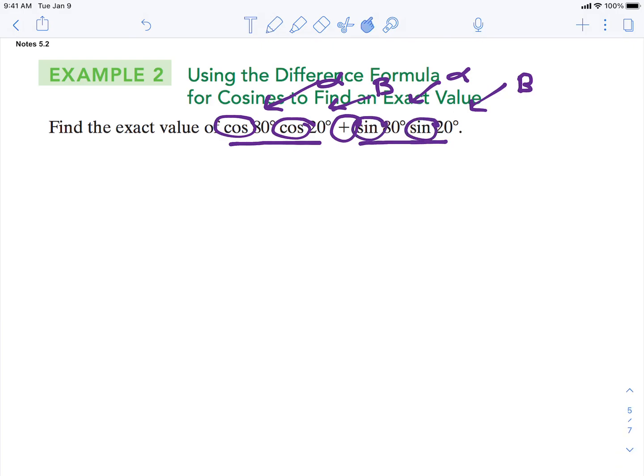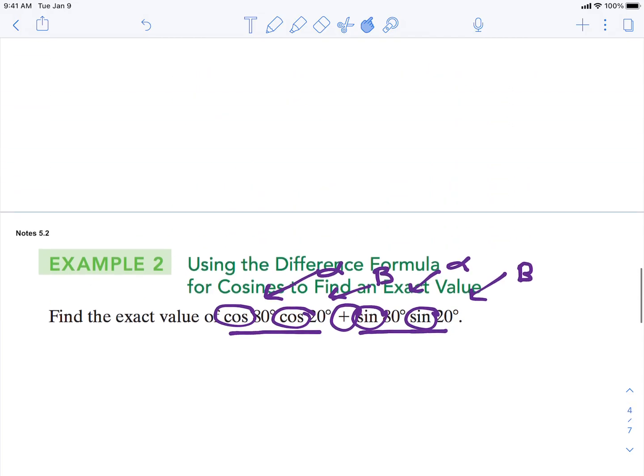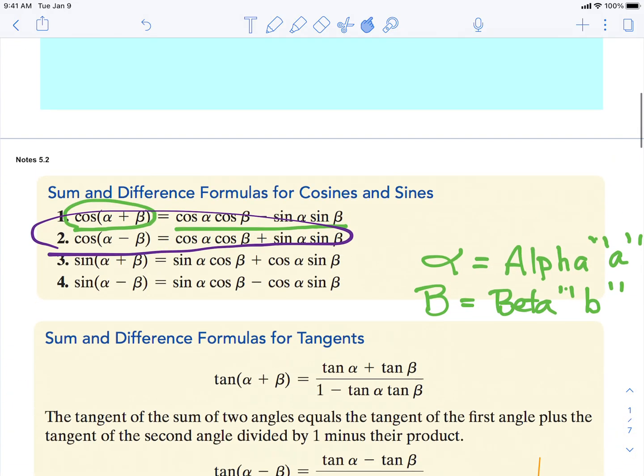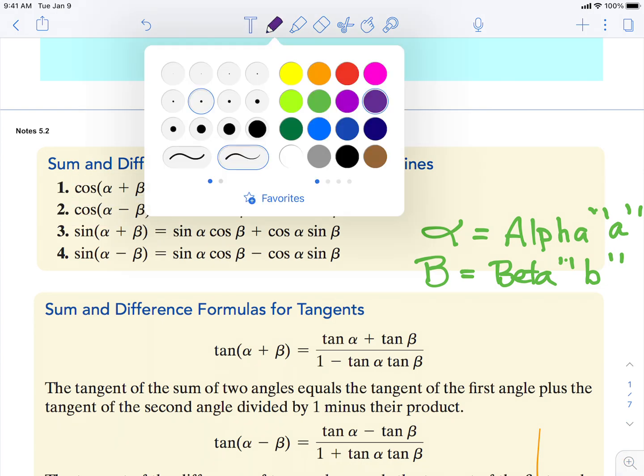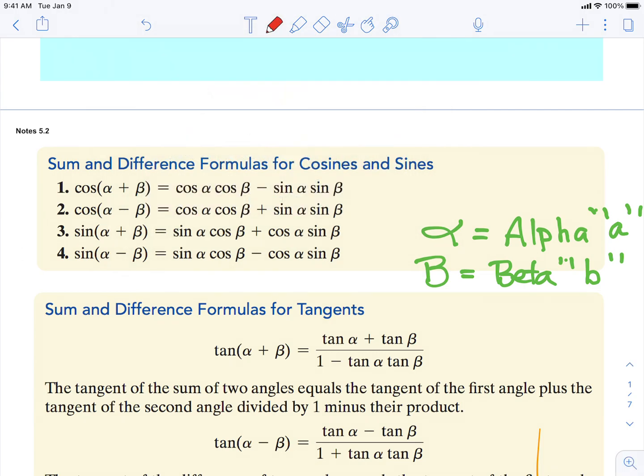So we're going to go up to our formulas and find the formula that works with that. And we're looking for when we have a cosine and another cosine adding a sine times a sine.